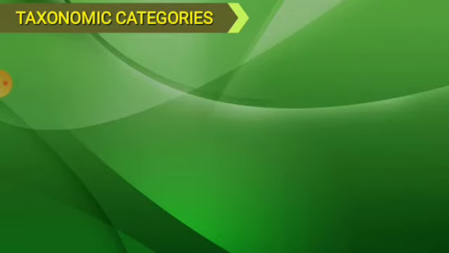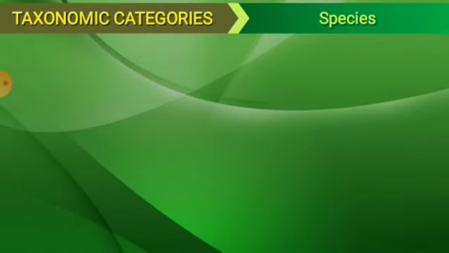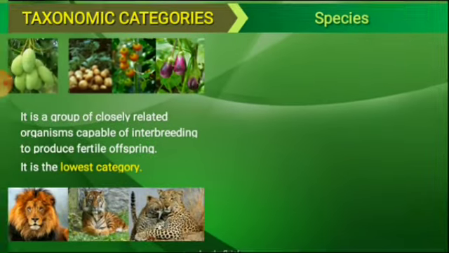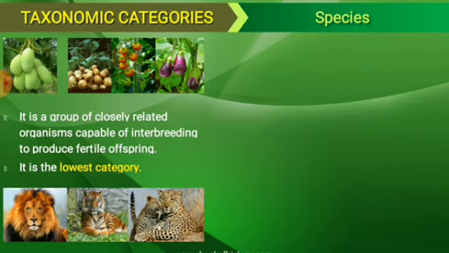We know the lowest rank or taxon is occupied by species. Species is a group of closely related organisms. It is the lowest category of the taxonomic hierarchy, and the term species was coined by John Ray.